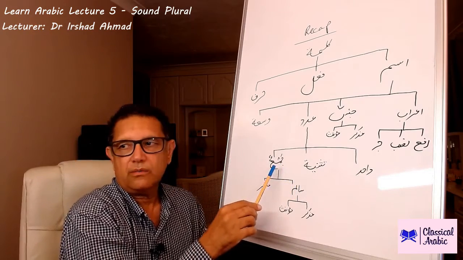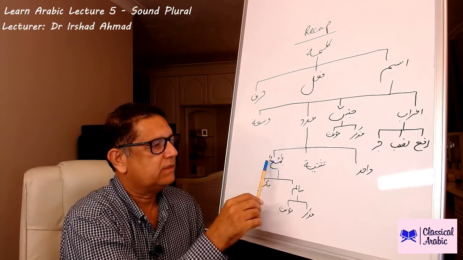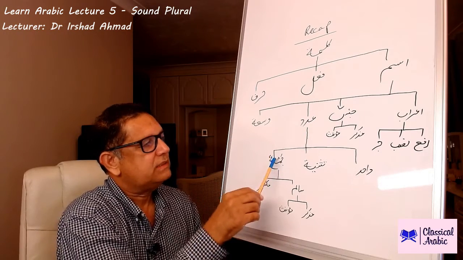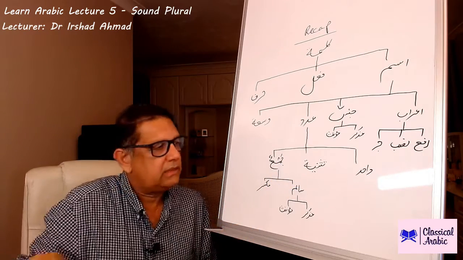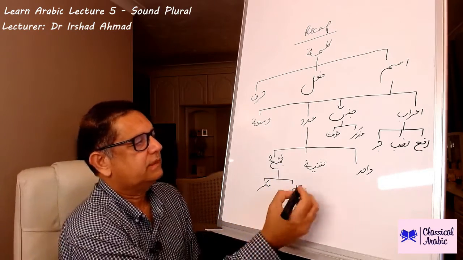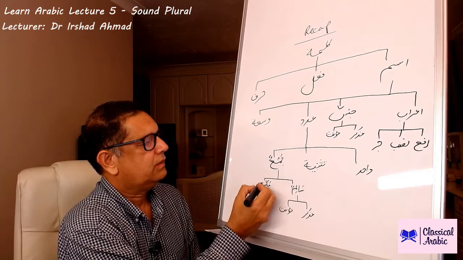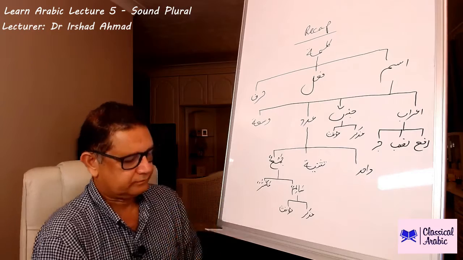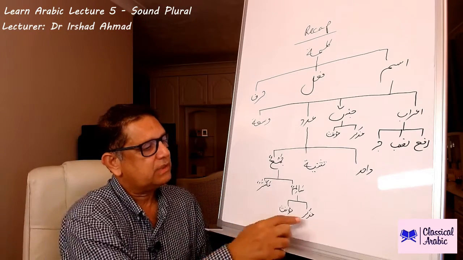In jam'a, whose full pronunciation is jam'un, we will see that we have jam'a salim and jam'a mukassar. Salimun, mukassarun. And in jam'a salim we have again muzakkar and muannas.